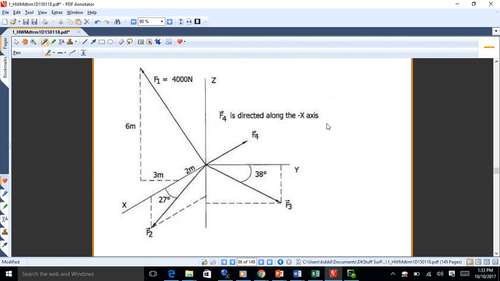Notice those dashed lines that dimension the endpoint of F3 are parallel respectively to the Y and Z axes. So that should give you some clues about F3. What you're going to want to do is vectorize all of those. F4 is directed along the negative x-axis, so that should be very easy to make into a vector.